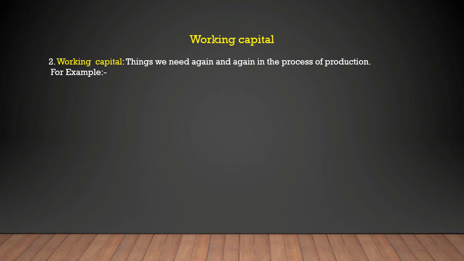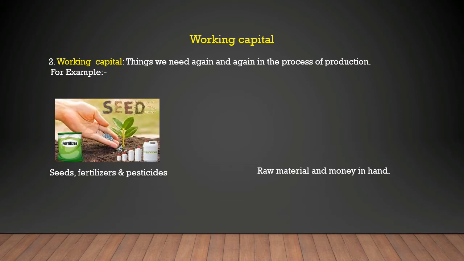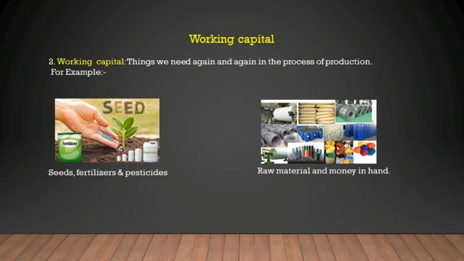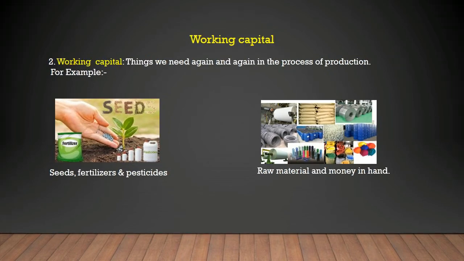In case of agriculture, your working capital is seeds, fertilizers and pesticides. Similarly, for industries, your working capital is raw material and money in hand. Seeds, fertilizers, pesticides and raw material in industries are all used up in the production process. So we cannot use them again and again. We can only use them once.